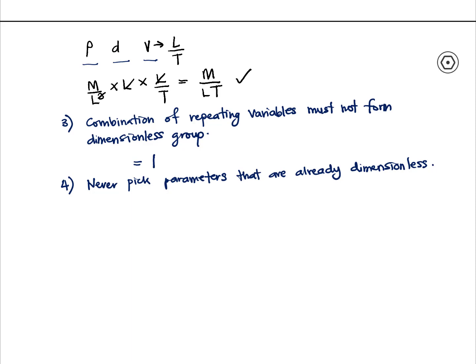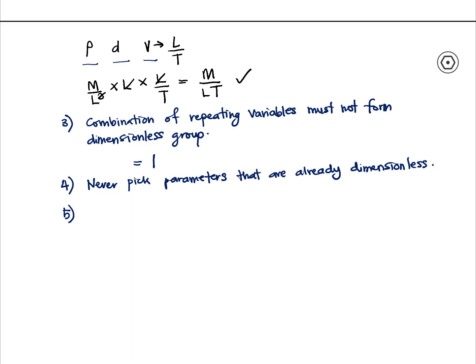But if you are selecting a dimensionless parameter, then there is no point for you to proceed with the Buckingham Pi Theorem. Therefore, that is why point number 4 mentioned that never pick parameters that are already dimensionless.